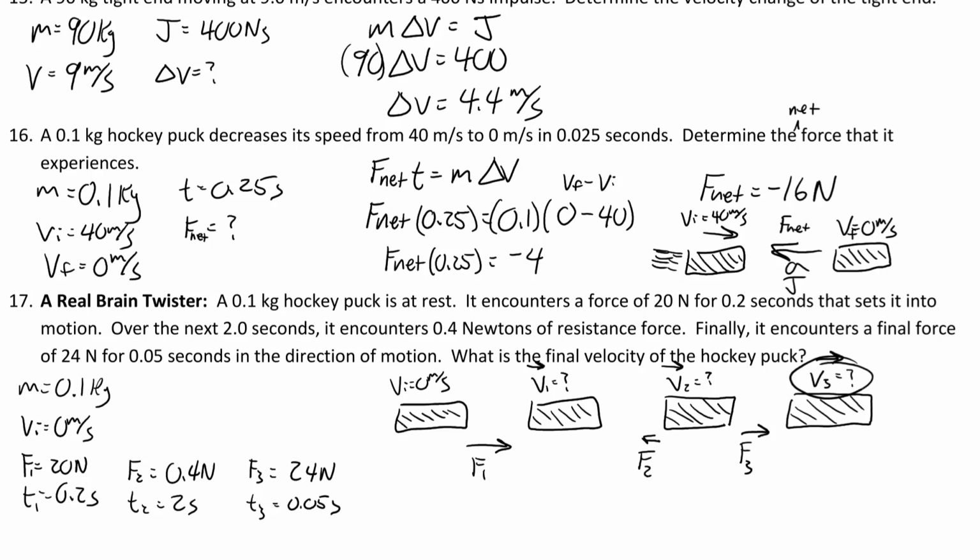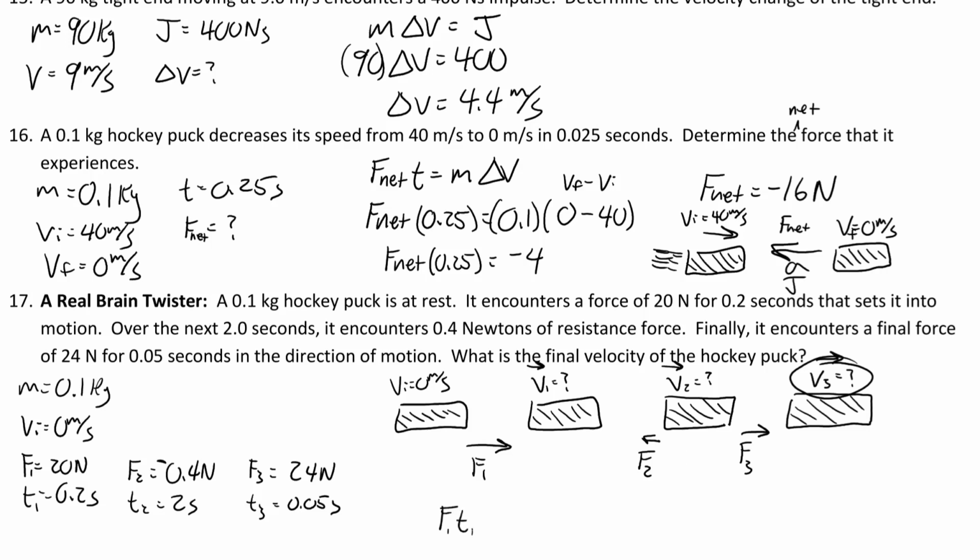Let's try to do it in just a couple of steps. First of all, we want to make sure that the second force is negative, so let's put a negative sign there. Now you're constantly changing your velocity, here, here, and here. In the Impulse-Momentum Theorem, we can calculate each one by doing the force times the time.